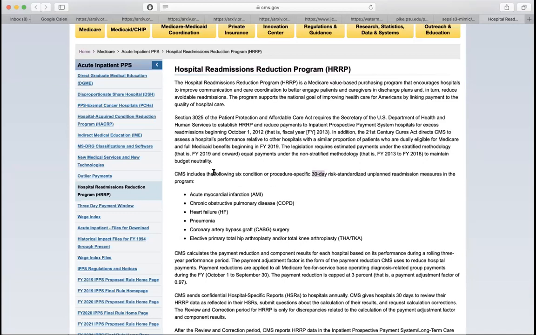So CMS includes the following 6 conditions or procedure specific 30-day risk standardized unplanned readmission. So if some patient was admitted to the hospital, 요런 걸로 입원했으면은 뭐 폐렴, 심부전, 요건 이제 호흡 쪽인데, 이 COPD라고 그러는 건데, 만성 무슨 폐 질환인데, 그다음에 이제 그 acute myocardial infarction, MI라고 하는 건데.